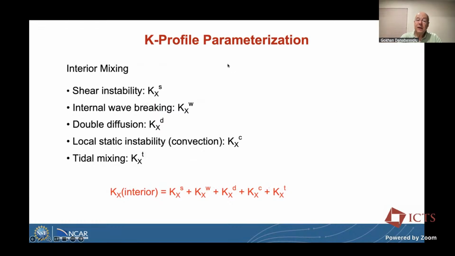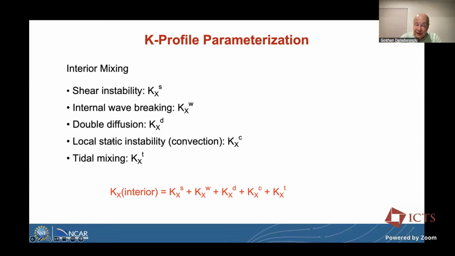Then in the interior, we have five components of diffusivity. One is the shear instability contribution. The other one is internal wave breaking, usually referred to as the background vertical diffusivity. We have double diffusion: in certain instances, temperature and salinity, for example, can have different mixing rates.